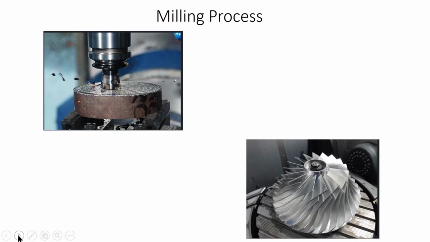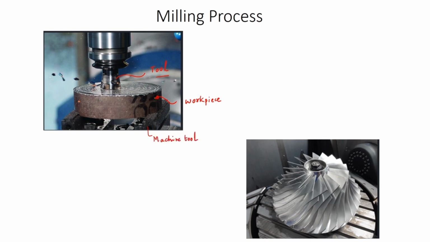In our previous lectures, we have seen the milling process. In the milling process, we are using a rigid body, that is the tool. The strength of the tool is much higher than the workpiece. There is a relative motion between the tool and the workpiece, and the mechanism or machinery which provides the relative motion between the tool and the workpiece is called the machine tool.